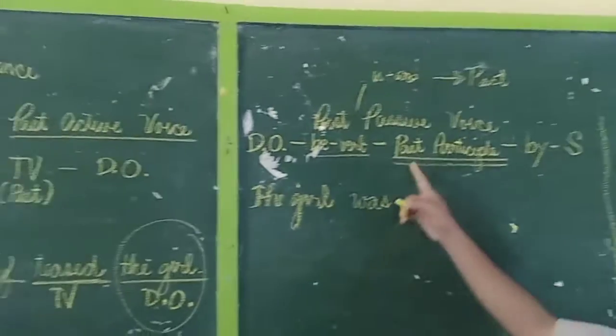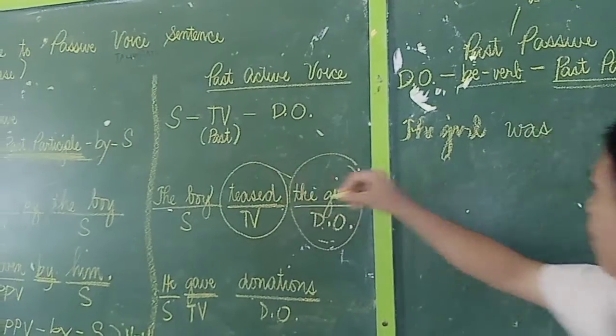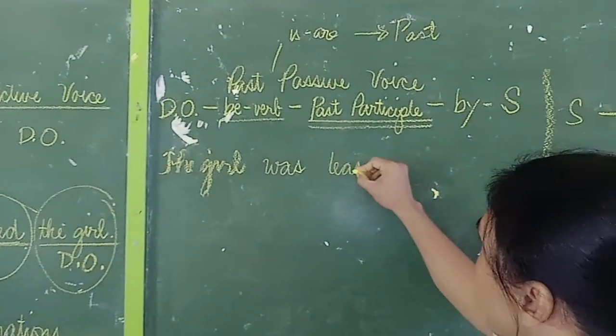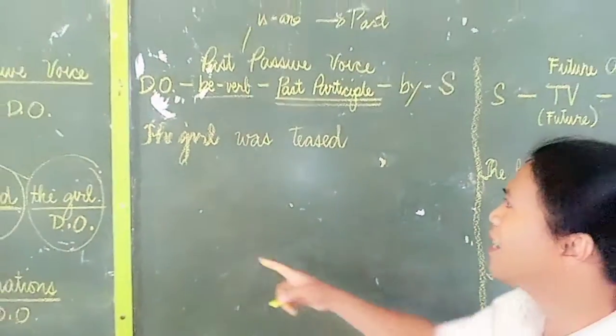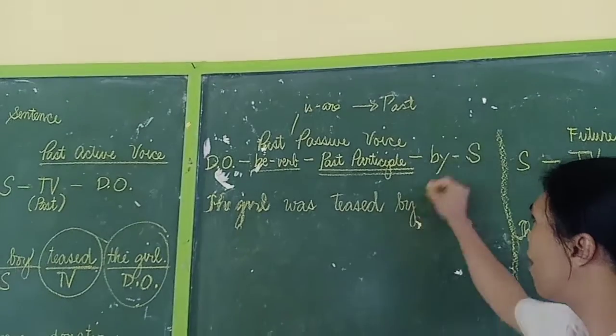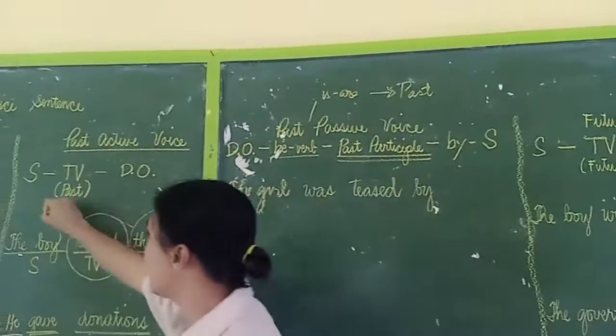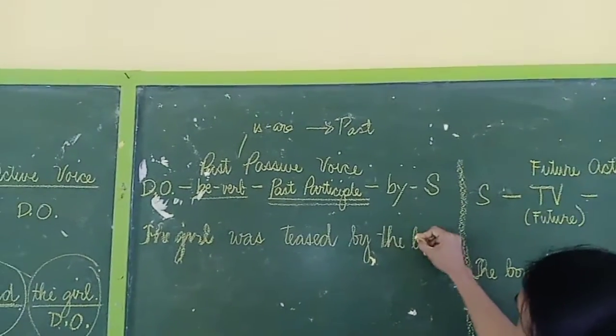And then, what about the past participle of tease? This is a regular verb. Okay. So, the girl was teased. Then comes by. The subject is boy. By the boy.